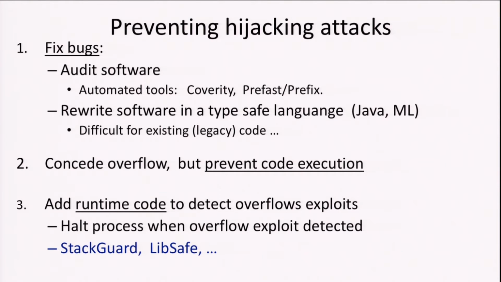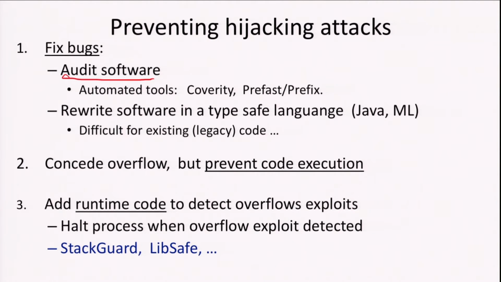So first of all, if we fix the vulnerabilities or the bugs in the software that lead to this kind of exploits, then of course we can prevent it. So one common way is to do software auditing. In large companies, every time a software is implemented, the whole team sits together and does auditing of the software, sometimes manual auditing, where they actually go through each other's code and try to flag the problems that they might find.